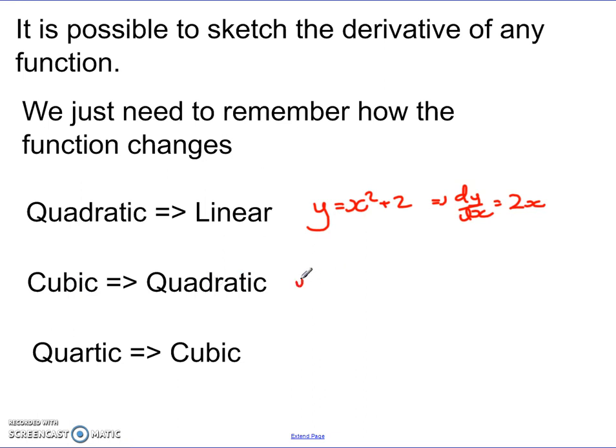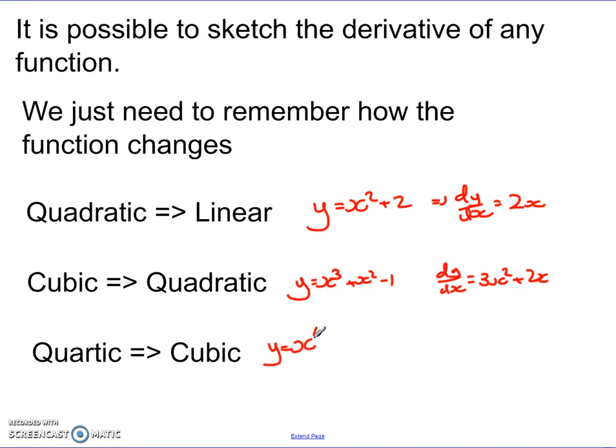If I had a cubic, so let's imagine I had y equals x cubed plus x squared minus 1, and I took the derivative of that, dy by dx, in this case I'd get 3x squared plus 2x. What that's done is taken what was a cubic and turned it into a quadratic. So a cubic goes down to that. And it's the same if I had a quartic, so a power of 4.